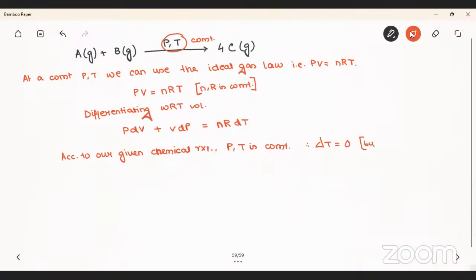So what will our equation look like? P dV plus V dP is equal to nR into 0, which is equal to 0. So we get P dV is equal to minus V dP.